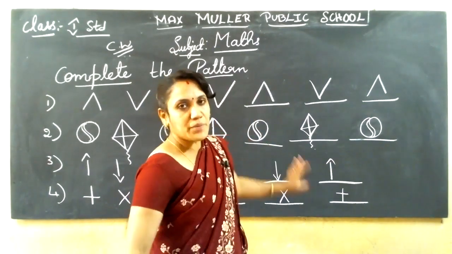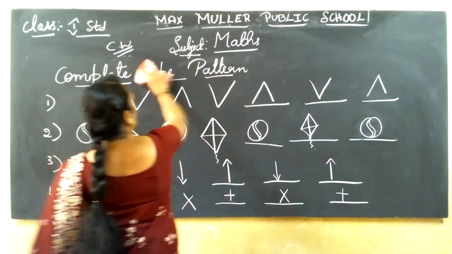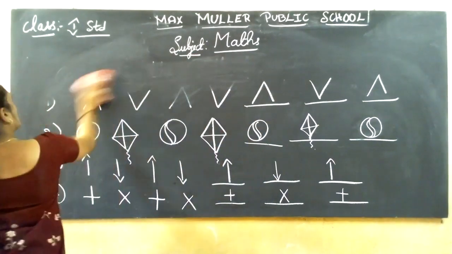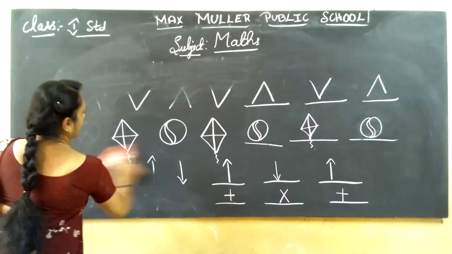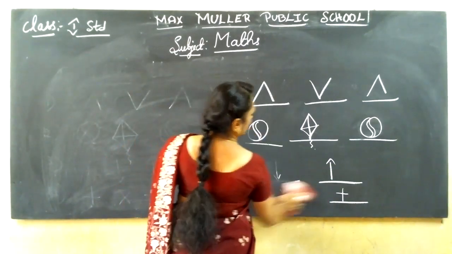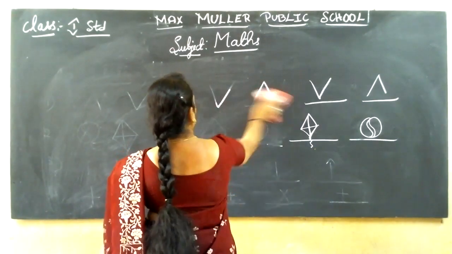That's it. Complete up to here, then close the classwork book. Next, keep ready the homework. Classwork book completed. Okay, children? Keep ready the homework. By the time I clear the board, you should all keep ready the homework book. I have given 2 minutes time now.